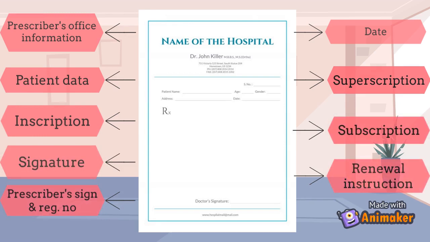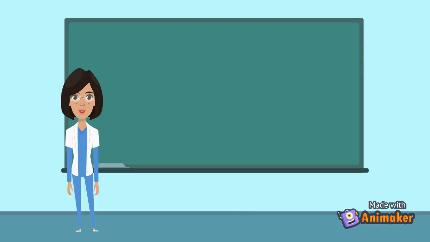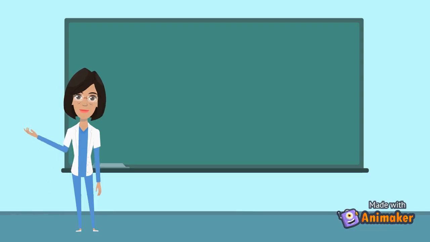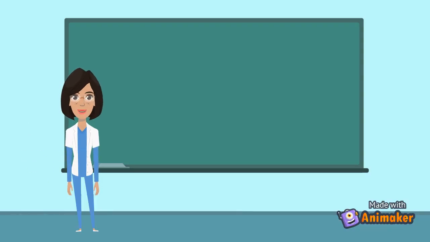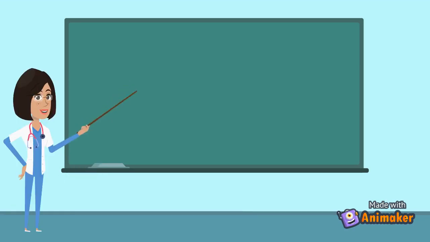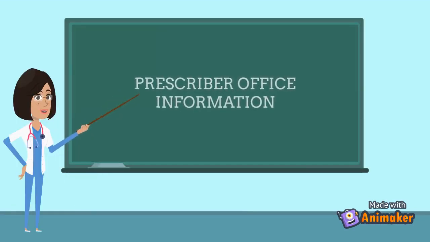These were the parts of a prescription. So now we will see the different parts of a prescription one by one in detail. We will start with the first part of the prescription, which is prescriber office information.